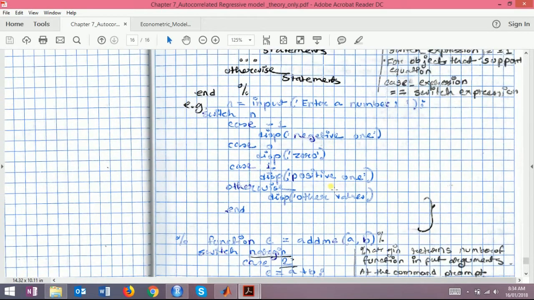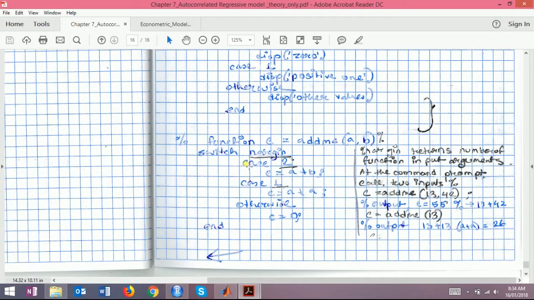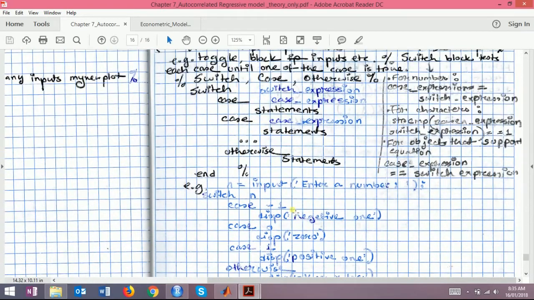Let's look into an example. So switch nargin, where we want nargin to return the number of function input arguments. So switch nargin is the switch expression.